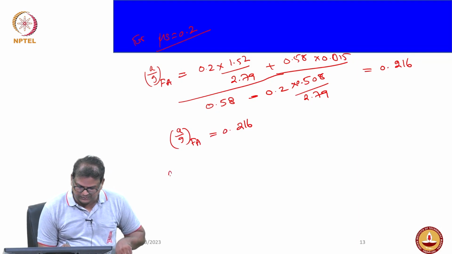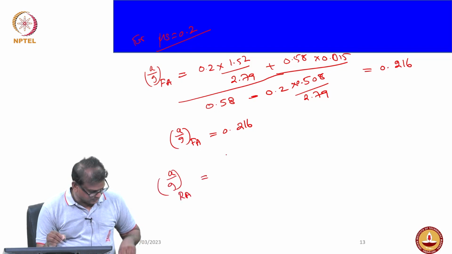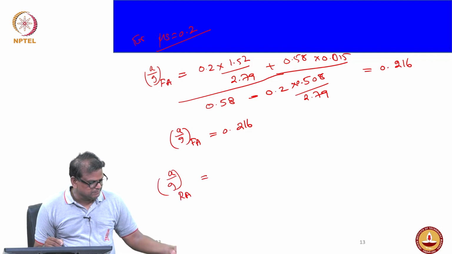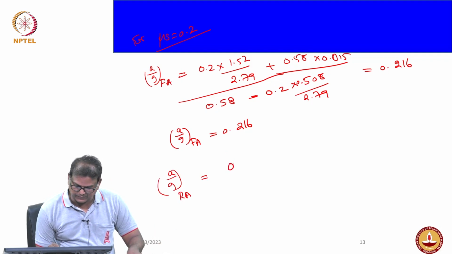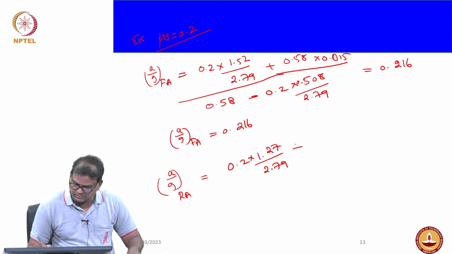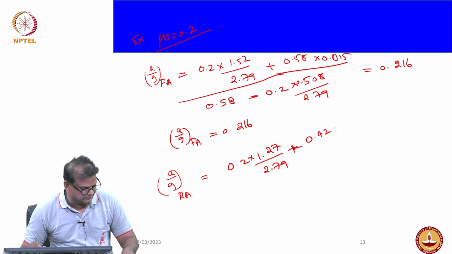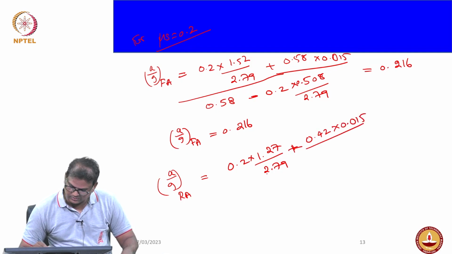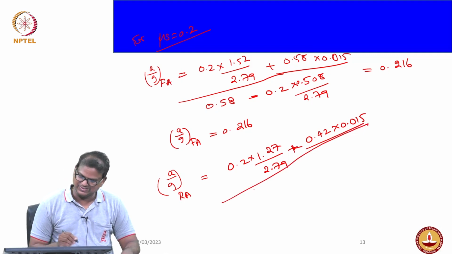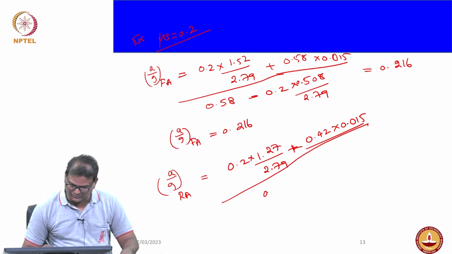Then similarly for the rear axle, substitute the values again. When you do that, this should be 0.42 a kb, right?